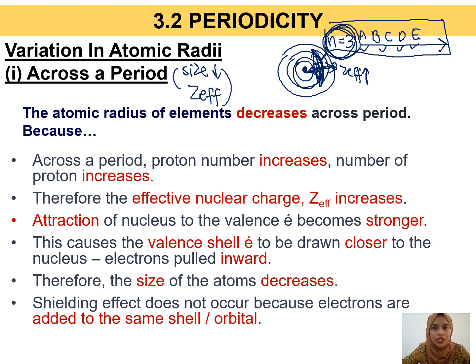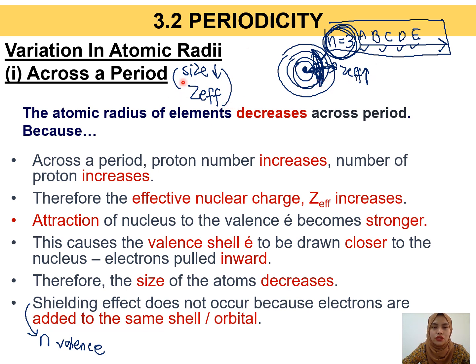Kan tadi kita dah bincang, kalau let's say nak cakap pasal shielding effect, kena ada perubahan number of shell untuk valence electron. Okay, so since kalau across the period number of shells tak berubah, sama sahaja, therefore, shielding effect tak main peranan. Okay. Saiz mengecil sebab ZEF kuat.